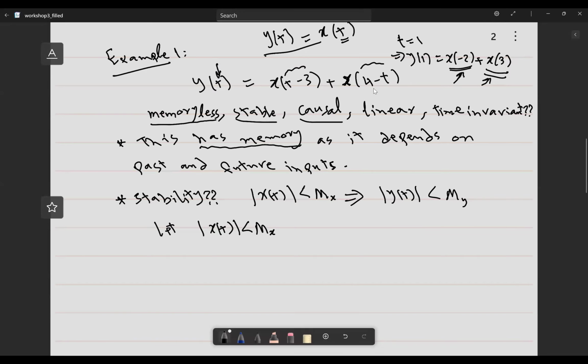Then we have here two versions of this x(t). One of them shifted to the right, the other one time reversed and shifted to the right. Are those bounded?